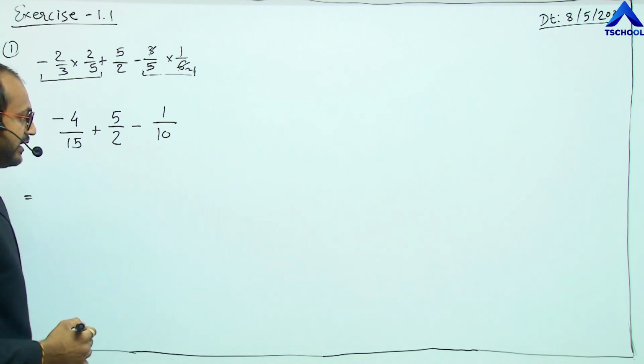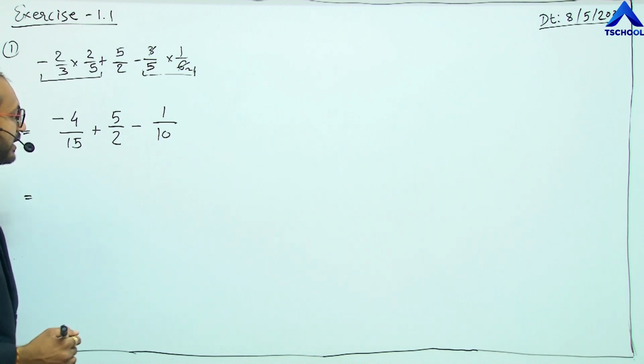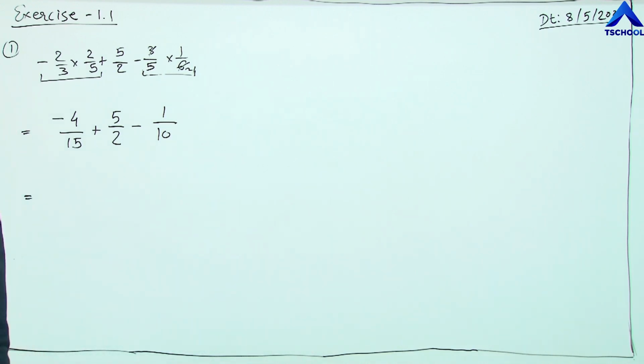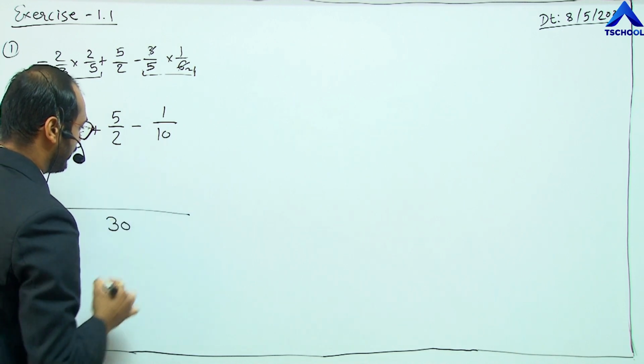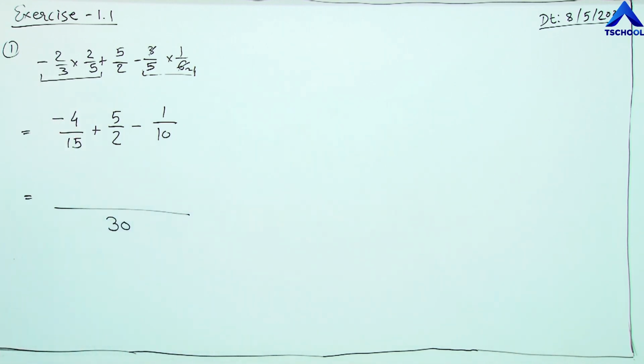By taking the LCM, what should the LCM be? 30. Yes, 30 is the LCM of these three numbers. You had studied the process to find the LCM.